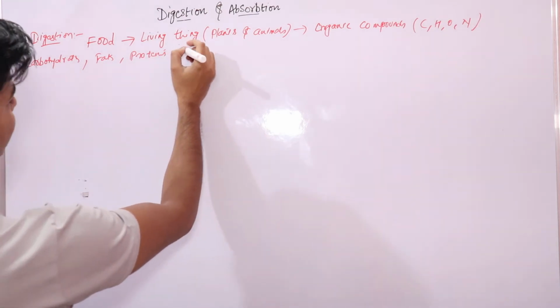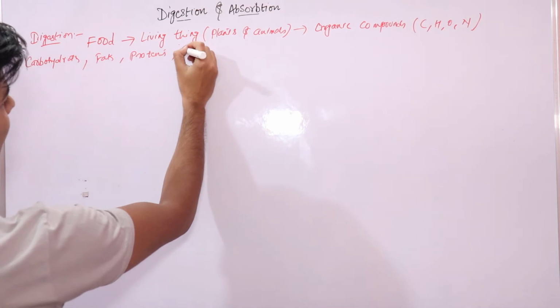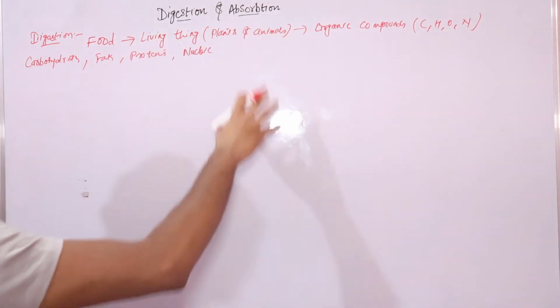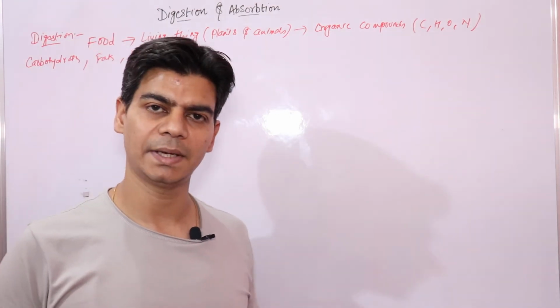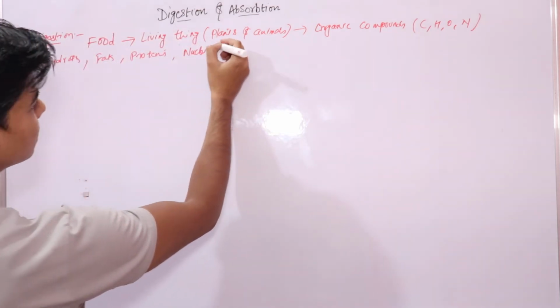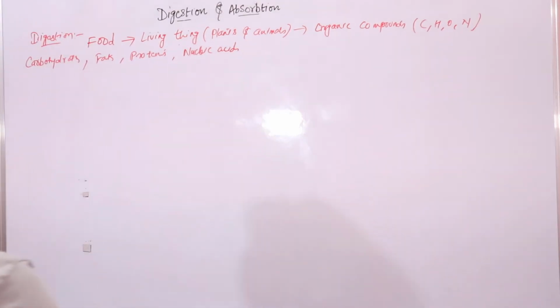Majorly these things, right? Carbohydrates, fats, proteins. Then we have nucleic acids as well, because we eat living things, right? And we know that living things contain cells, and cells contain DNA and RNA, right? So it has nucleic acids, right?